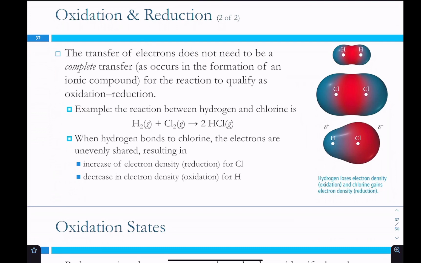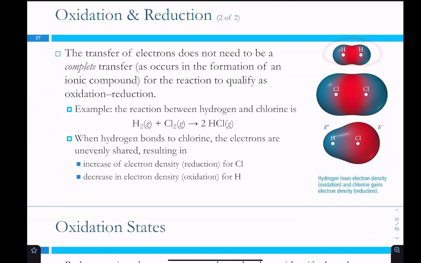The transfer of electrons doesn't have to be a complete transfer. A complete transfer is like the metal and the nonmetal forming ionic compounds. They become fully ions. In other reactions, though, you'll end up with somewhere in between, a shared state of those electrons. So hydrogen and chlorine react to form hydrochloric acid. This is an example of where they're being shared unevenly.